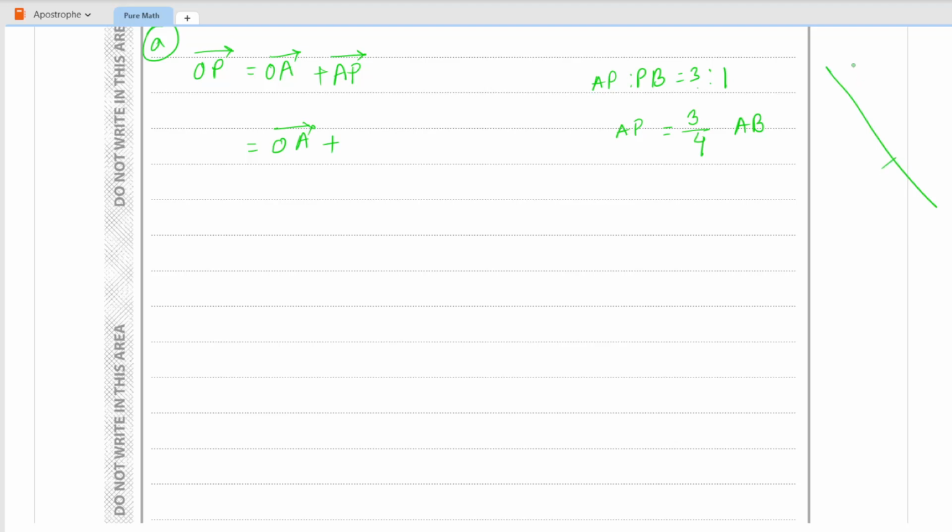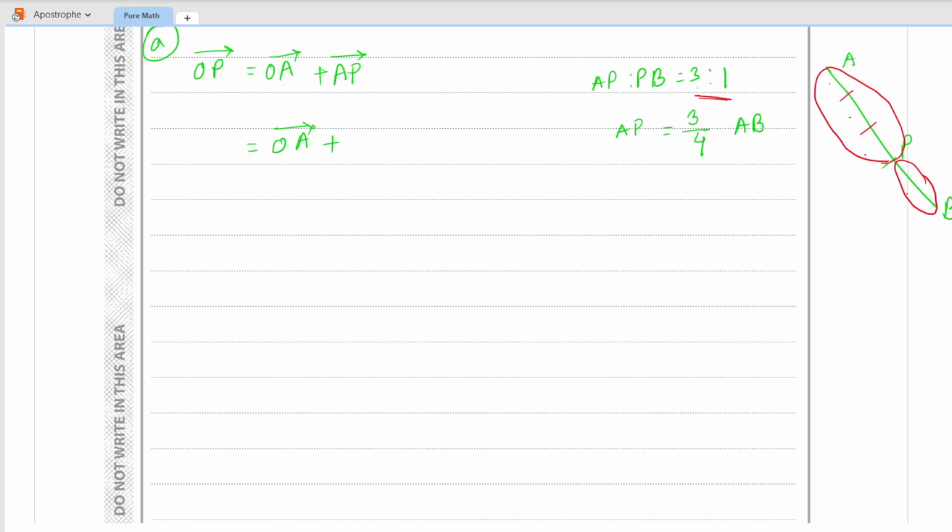So we have A here, B here. If we divide the whole thing into 4 portions, so 1, 2, 3, 4, 3 portions will be on the AP side and 1 portion will be on the B side. That's what we see here. So compared to the complete thing, AP is 3/4 of AB.